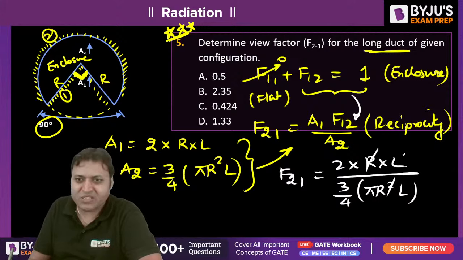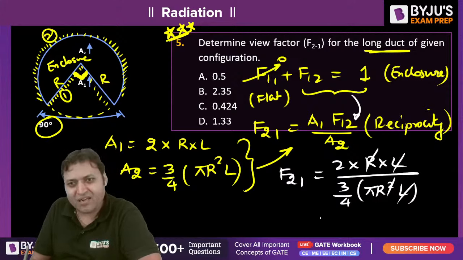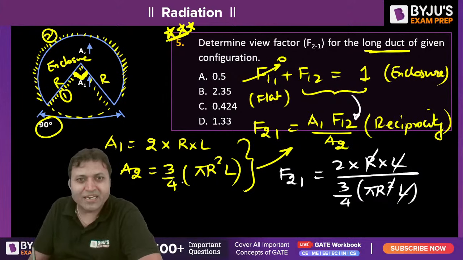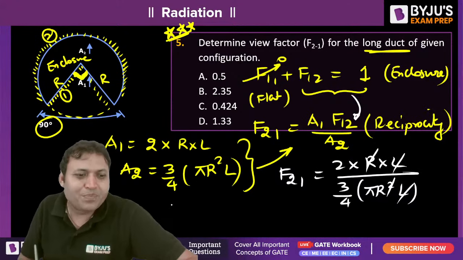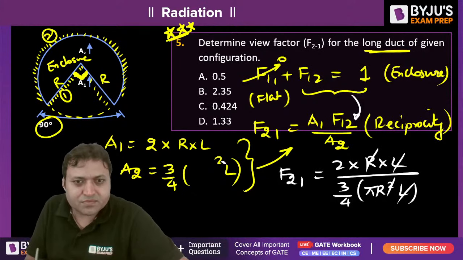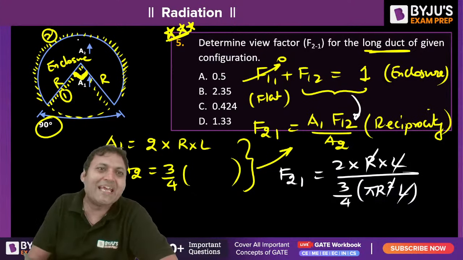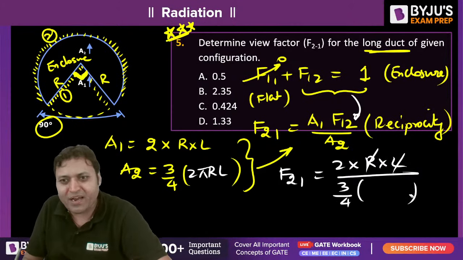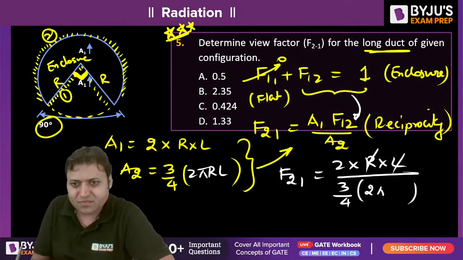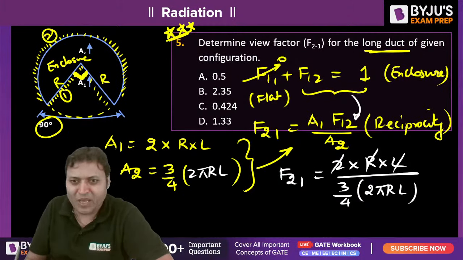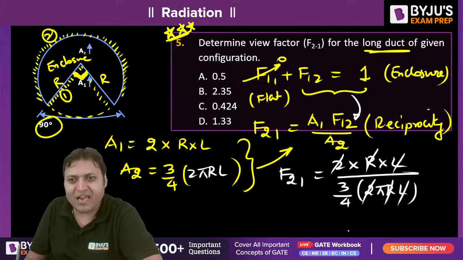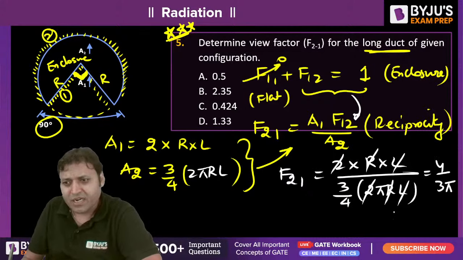R is getting cancelled out with R, L is also getting cancelled out with L. Sorry, I wrote volume. We need area, pi D L, 2 pi R L. It should have been 2 pi R L. The 2 would have been cancelled out with this 2, R with R, and L with L. It will be 4 upon 3 pi, isn't it? It will be 4 upon 3 pi.